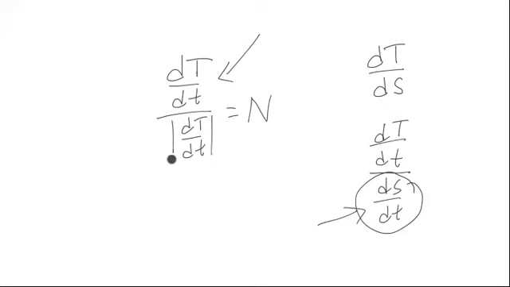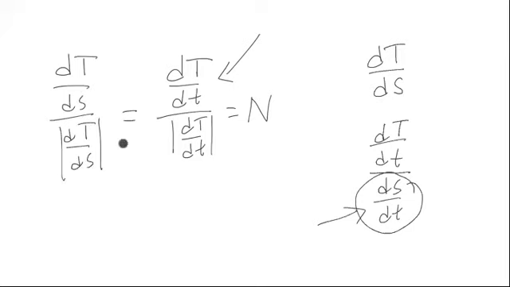So if you normalize it here, you should get N. And so this should be true as well. This should also be N. And keep in mind, this is kappa.